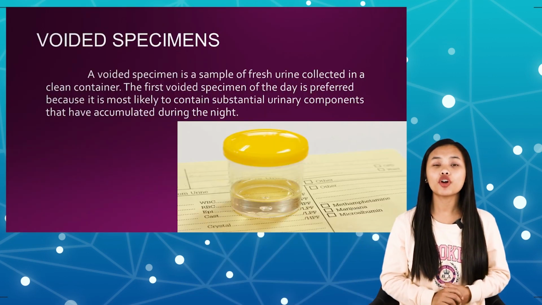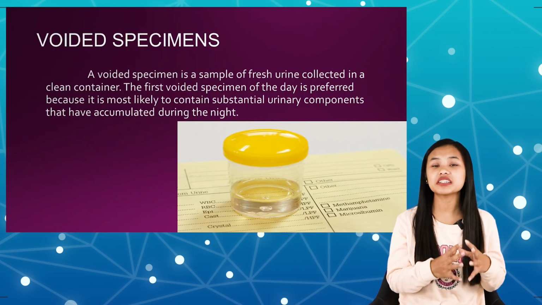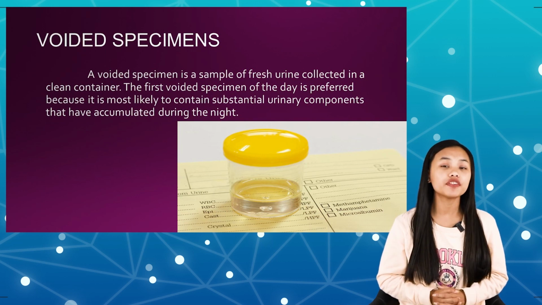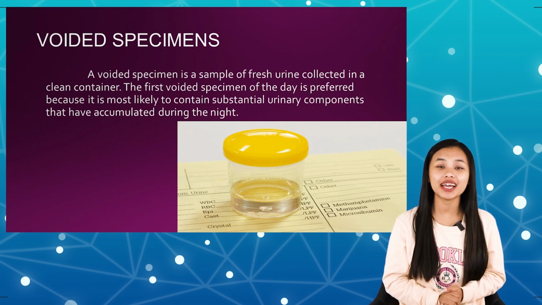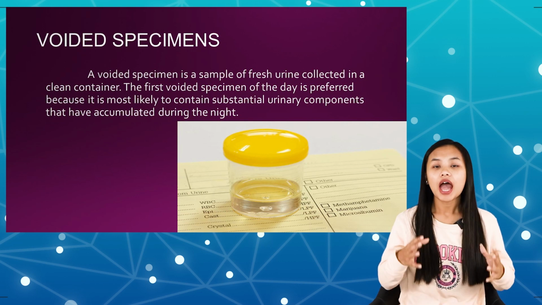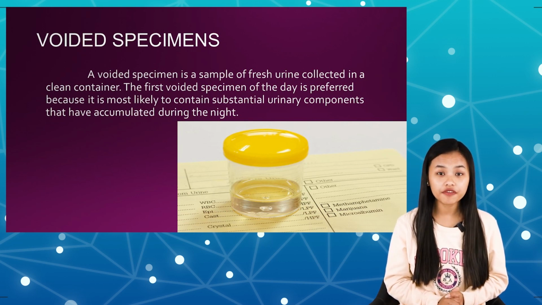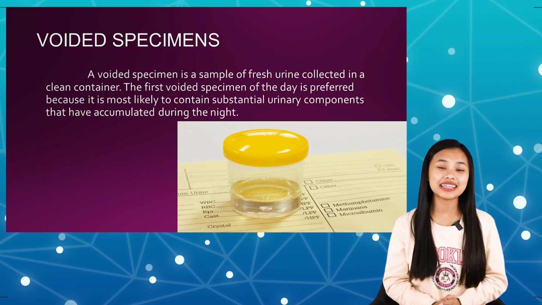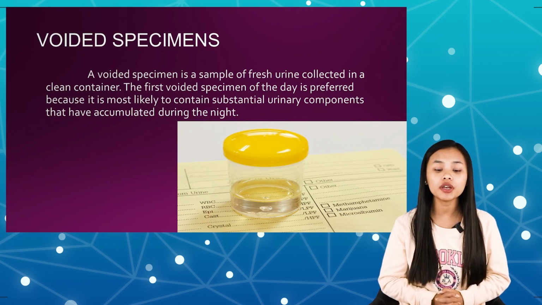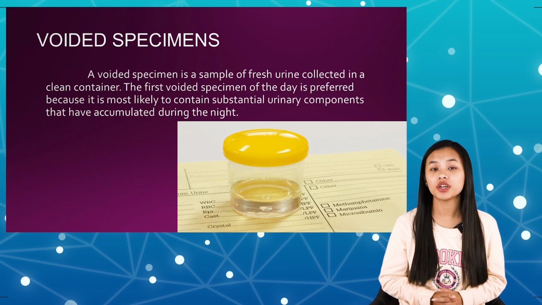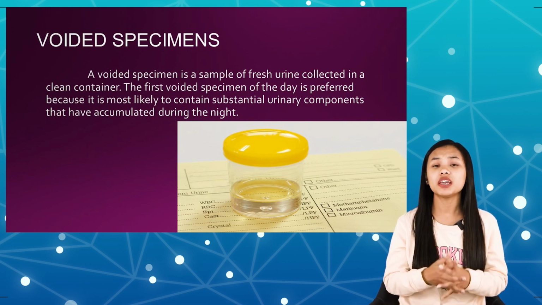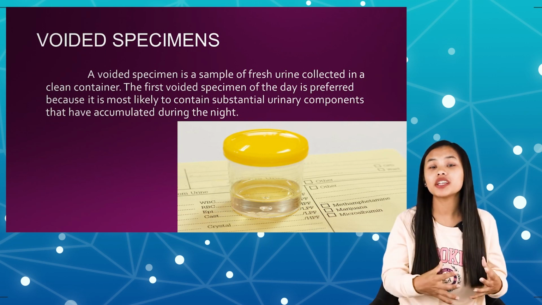So what is this voided specimen? This voided specimen is a sample of fresh urine which will be collected in a clean container. For this, the first voided specimen of the day is preferred because it is more likely to contain the substantial urinary components that have accumulated during the night. From the name itself, you can understand, right? Voided specimen.